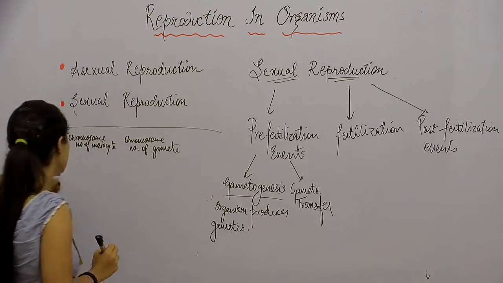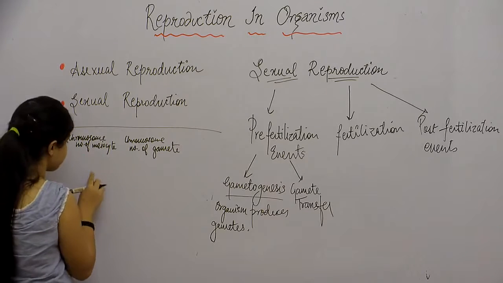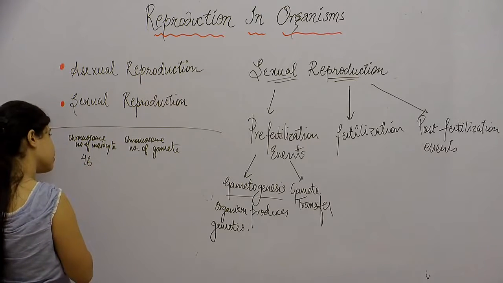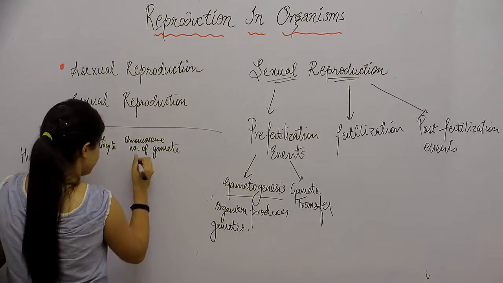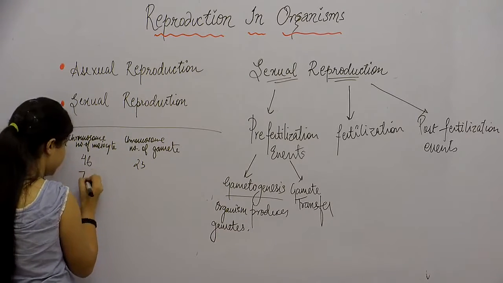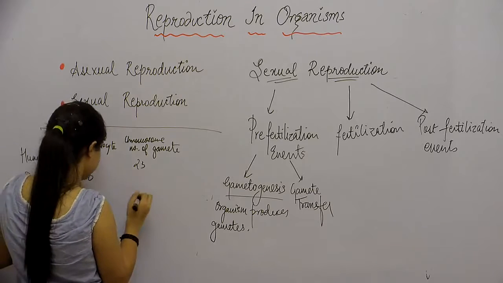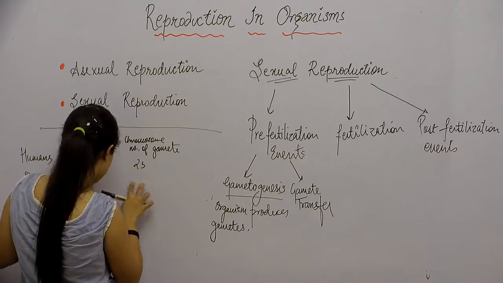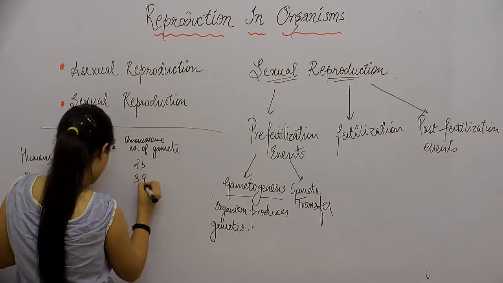So in humans, the chromosome number of meiocyte is 46, whereas the chromosome number of gamete is 23. In case of dogs, 78 and 39.